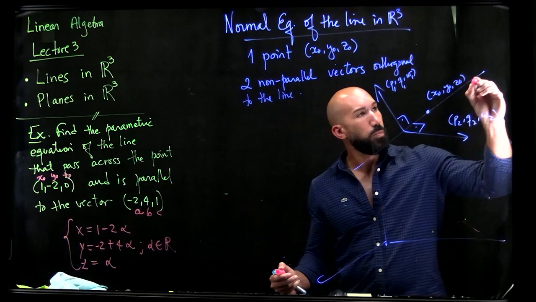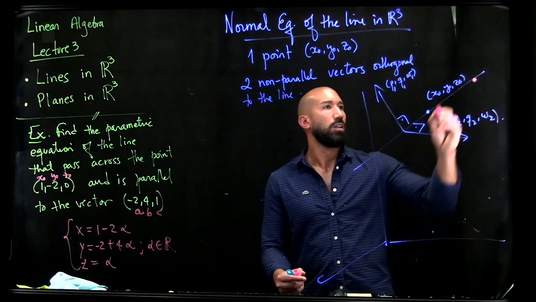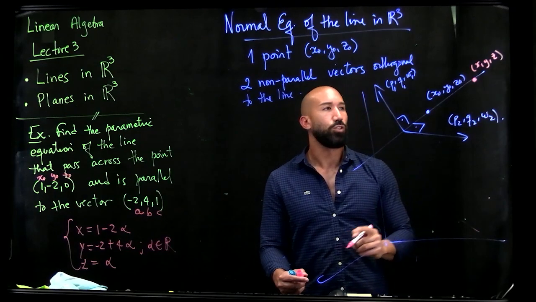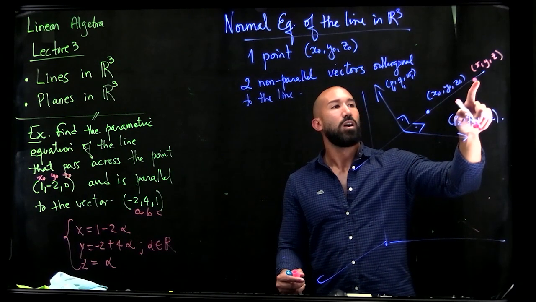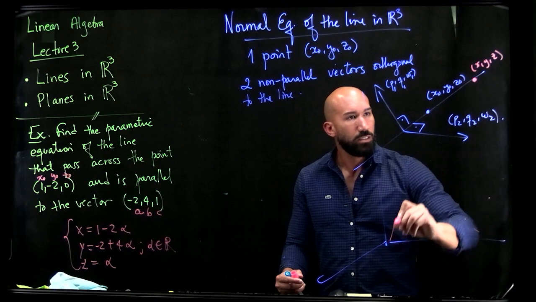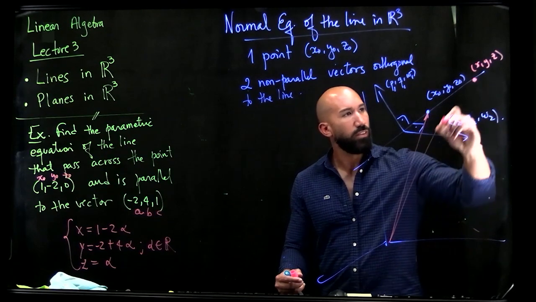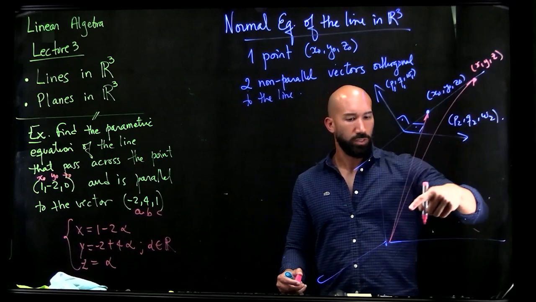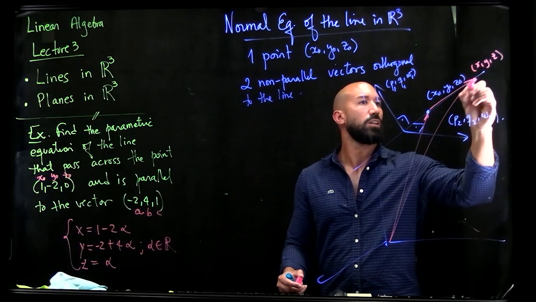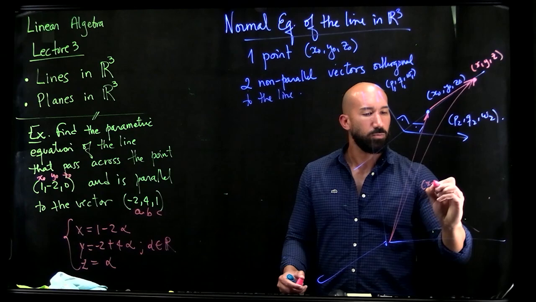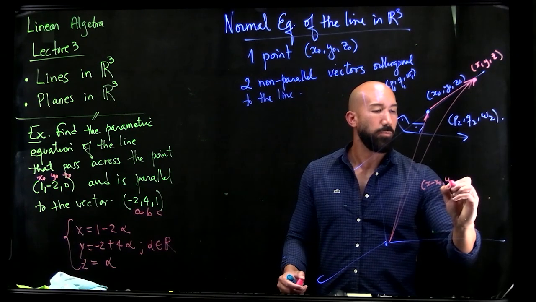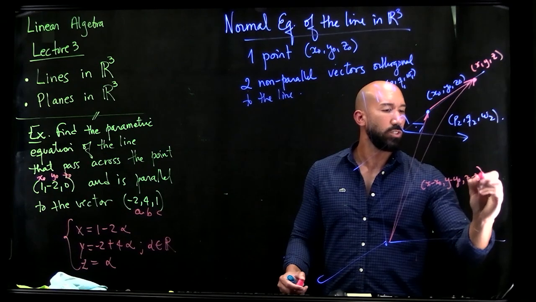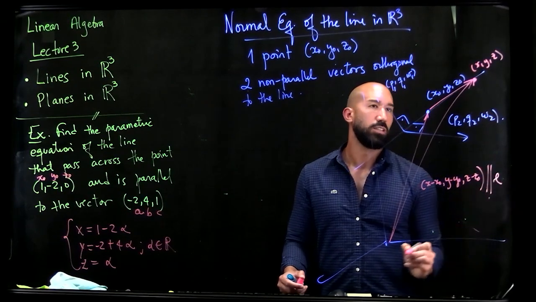If a new point X, Y, Z is coming, for that point to be on our line, the vector that these 2 points determine, that is the subtraction of these 2 vectors, X minus X0, Y minus Y0, Z minus Z0, is parallel to the line.